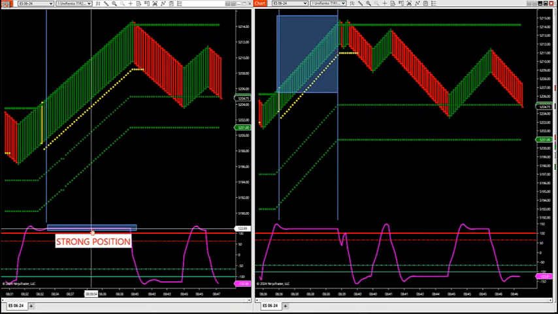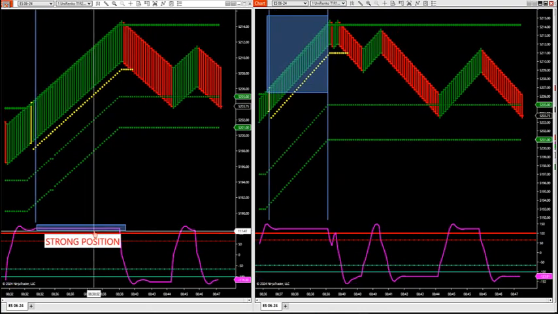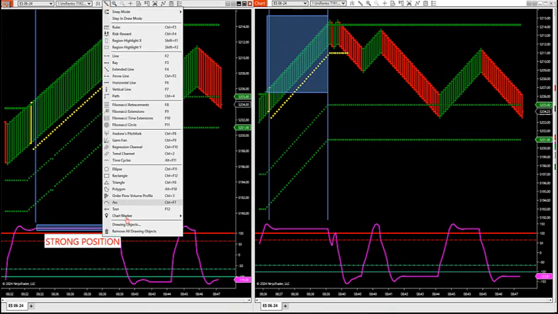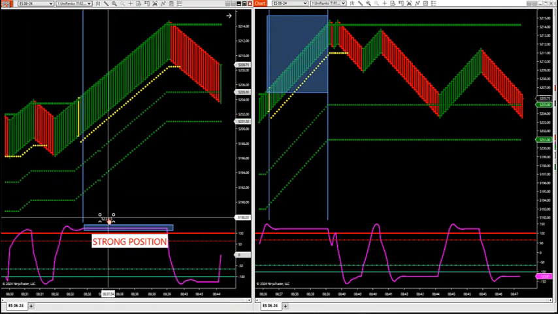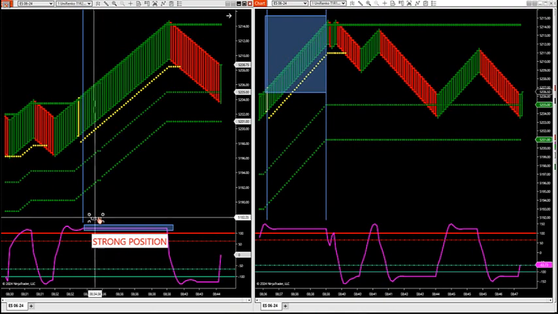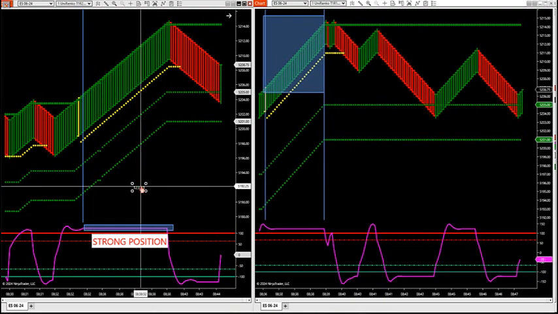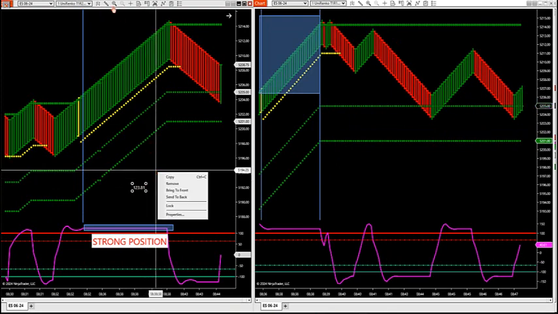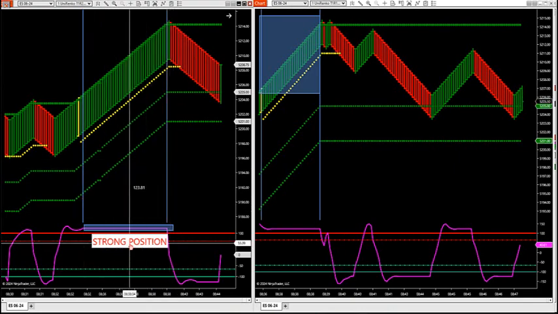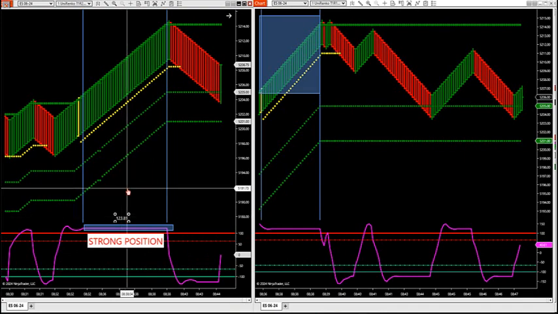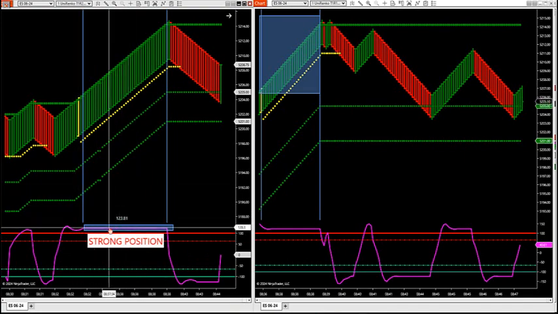If this oscillator is pegged and it's above 100, more importantly, with this Renko size, if it's pegged at 123.81, which it was from this level where that vertical bar is until this level, this is your window of opportunity to look for, from here to there, of a strong position in the market. It's pegged at 123.81. That's your strongest position.